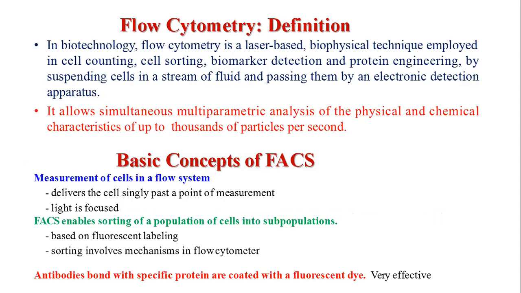If I try to define flow cytometry, the definition would be like this: in biotechnology, flow cytometry is a laser-based biophysical technique employed for counting cells, for sorting cells, and to detect biomarkers and protein engineering by suspending cells in a stream of fluid and passing them by an electronic detection apparatus.